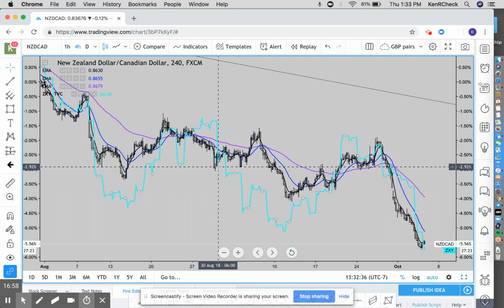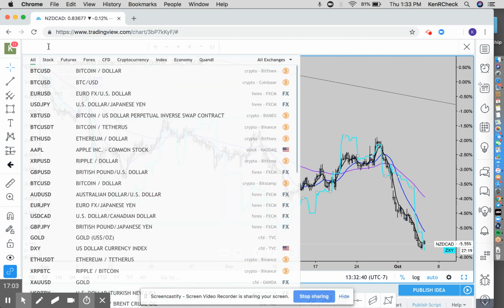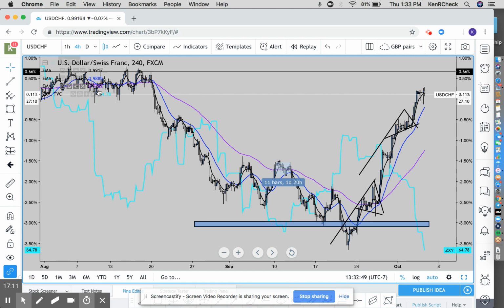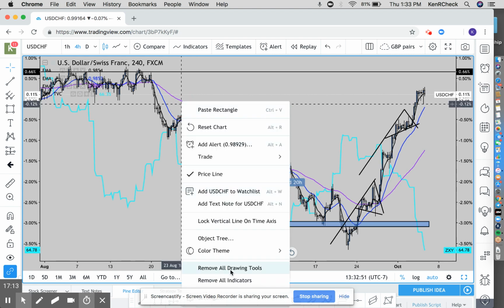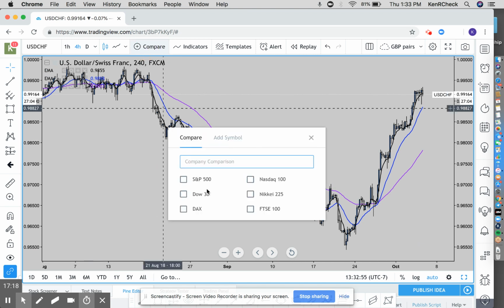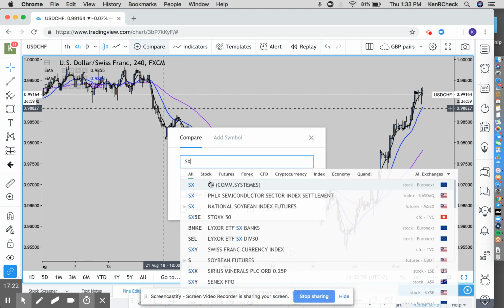And then last, I'm going to show you using a Swiss franc. So we're going to go on USD CHF. Delete this here, and we're going to compare, and we're going to type in XY.